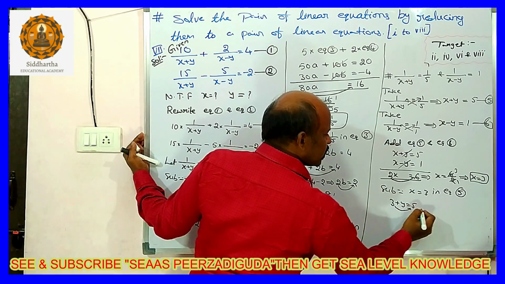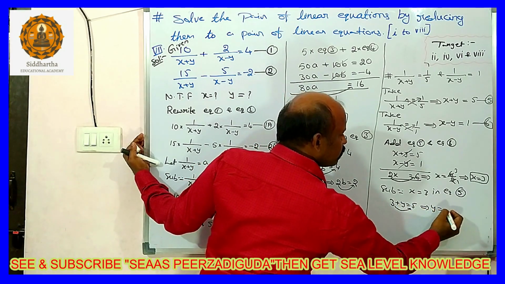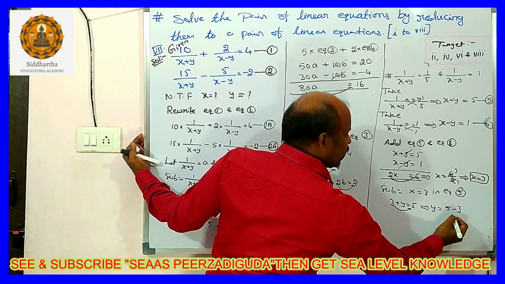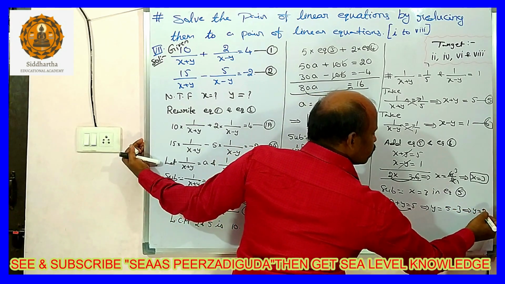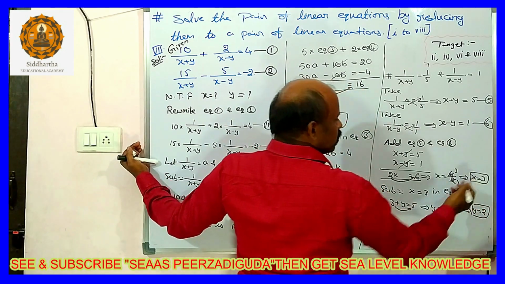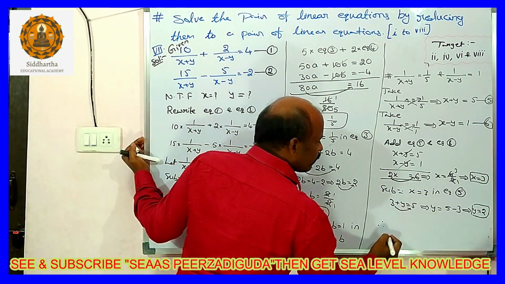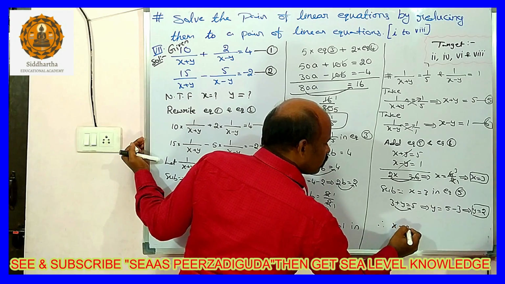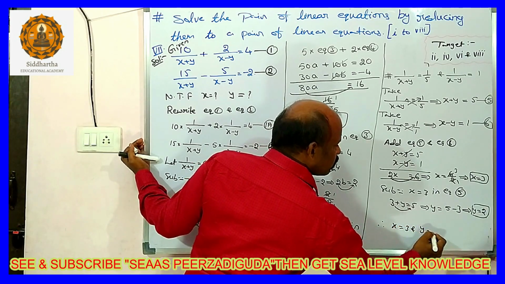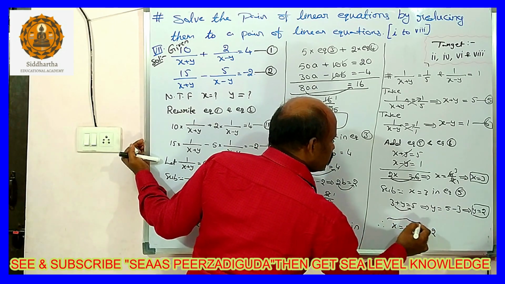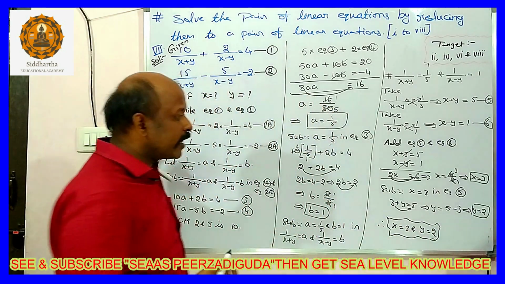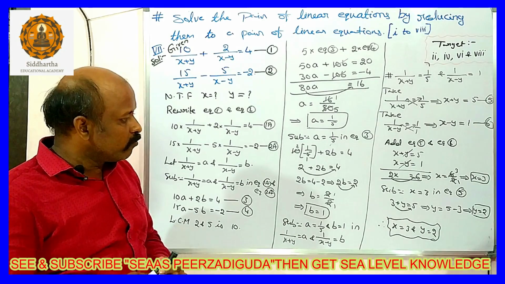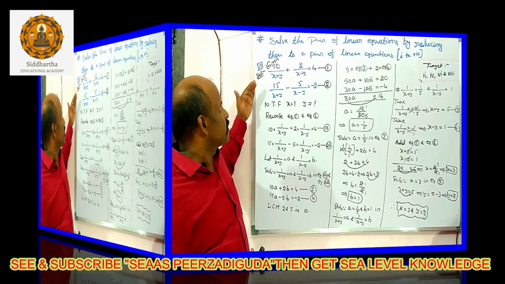This 3 is taken on this side, means what will happen? y is equal to 5 minus 3. So this one again we can write y is equal to 5 minus 3, what? 2. So therefore the value of x is equal to 3 and the value of y is equal to 2. Okay, so finally we solved the question number 7.